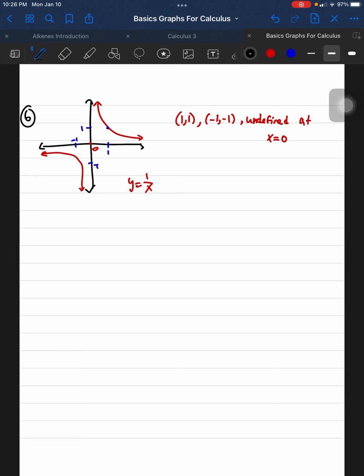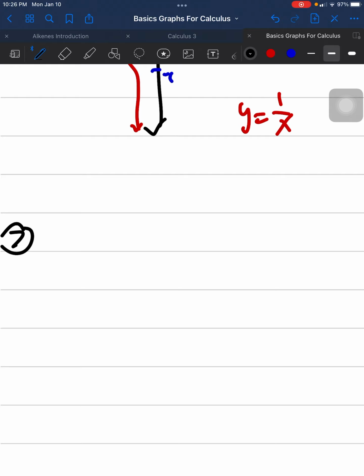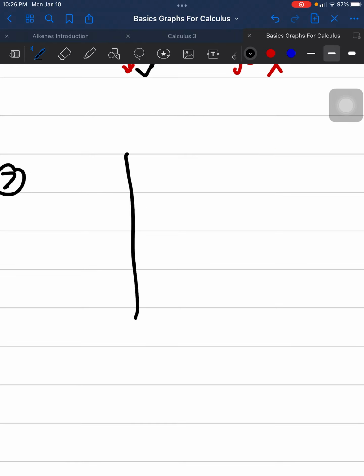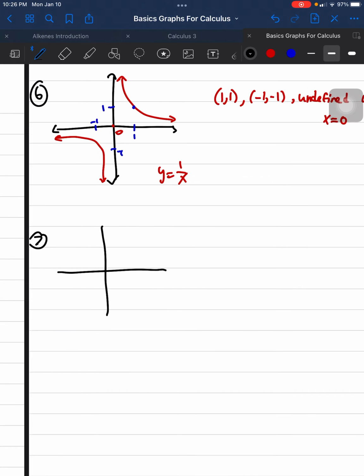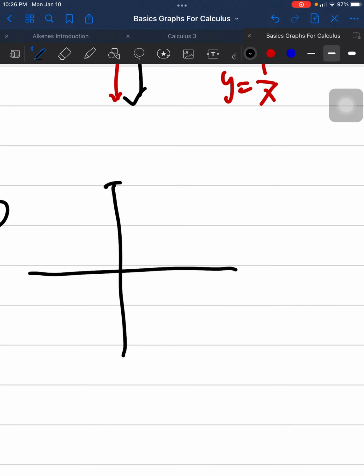So the next graph is y equals 1 over x squared. This is another very important graph. You're going to see this a lot, so it's good to memorize its properties, its asymptotes, stuff like that. So it just looks like this.